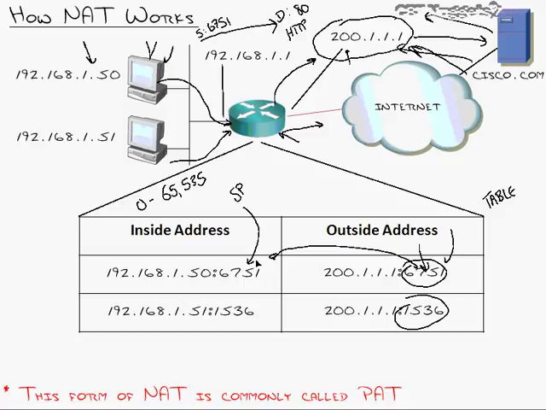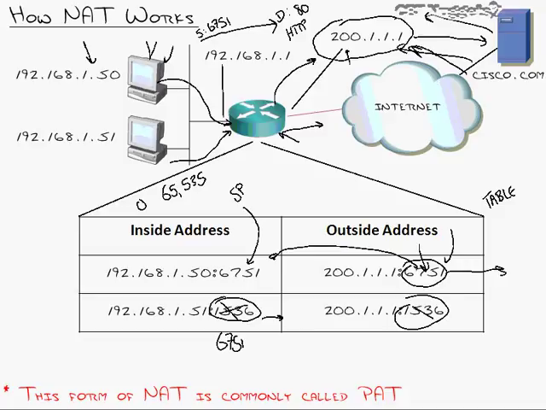That's a good question. Well, let's say that .51 and .50 both chose, instead of this guy choosing 1536, he chose 6751 as well. A 1 in 65,000 chance that he chooses that, but voila, he chose it. When that reaches the router, whoever gets there first, there will be some kind of millisecond difference, will get the 6751 going out on the public.